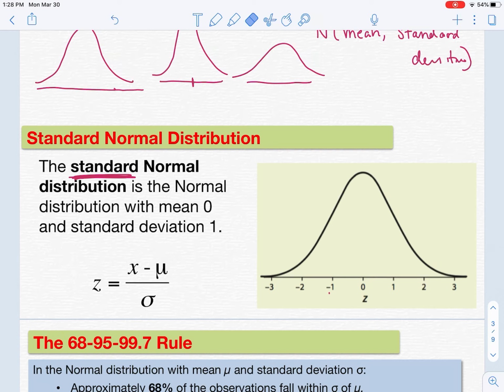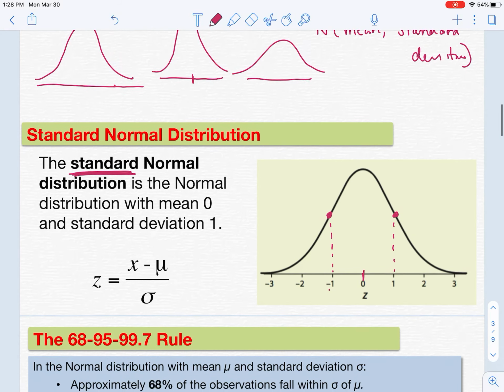Usually this one standard deviation away from the mean is right there. And we've done standard deviation a little bit before, that z-score. That's how many standardized values. Standard deviation is the typical amount that it deviates from the mean or the center.